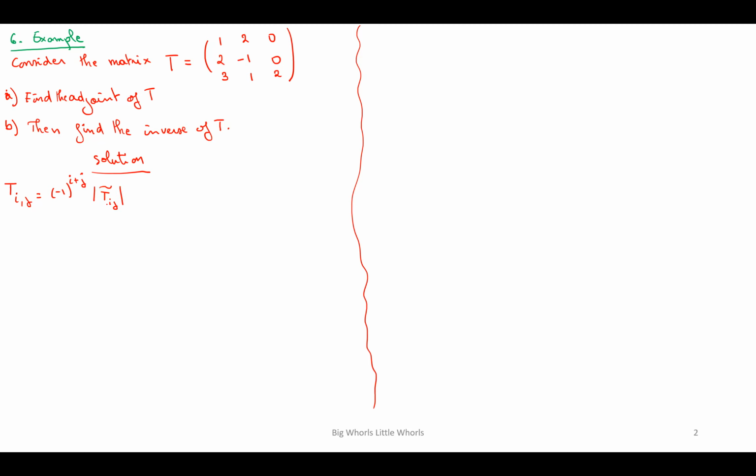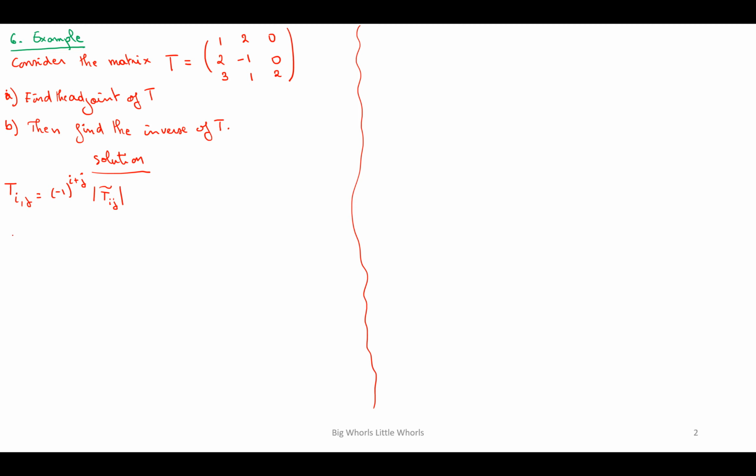The minor T tilde ij is the matrix we get by deleting the i row and the j column. Okay, we will do plenty of examples shortly.